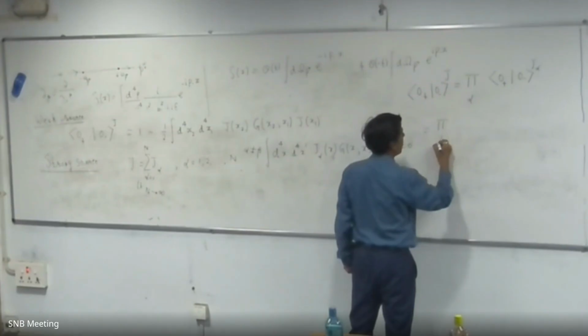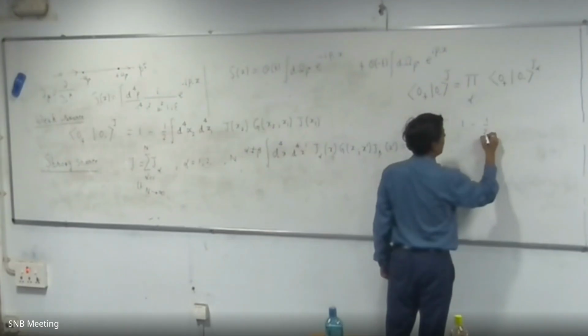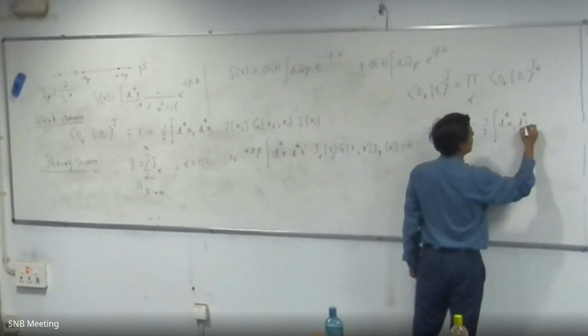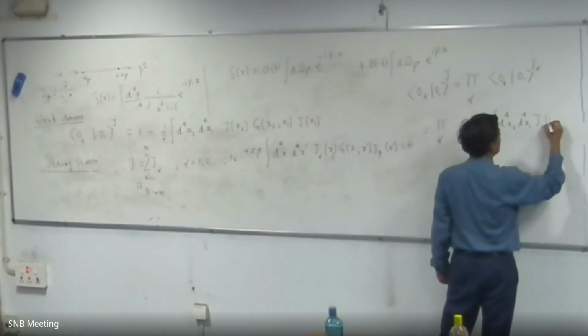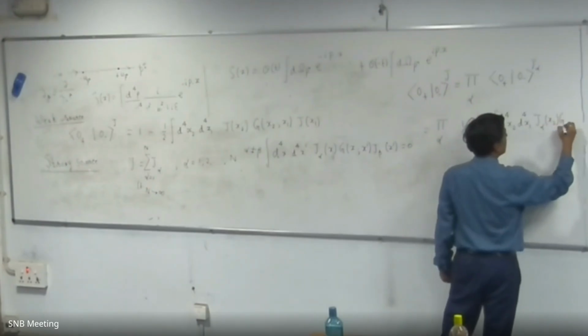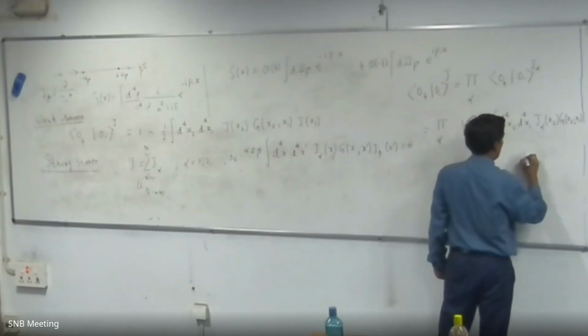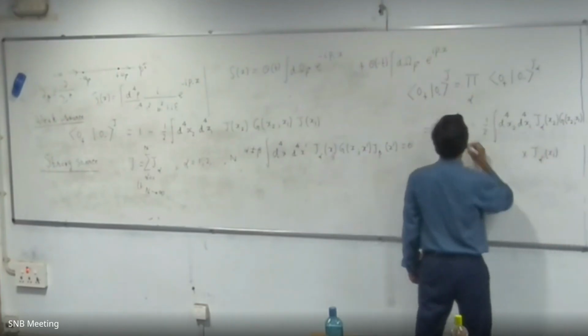This is basically the product over alpha of 1 minus half integral d4x2 d4x1 J alpha(x2) G(x2; x1) J alpha(x1).